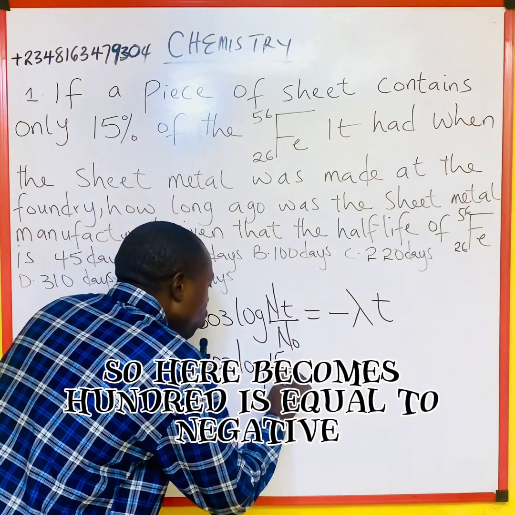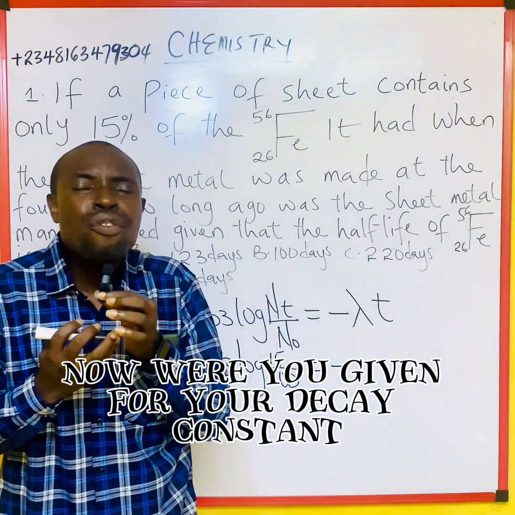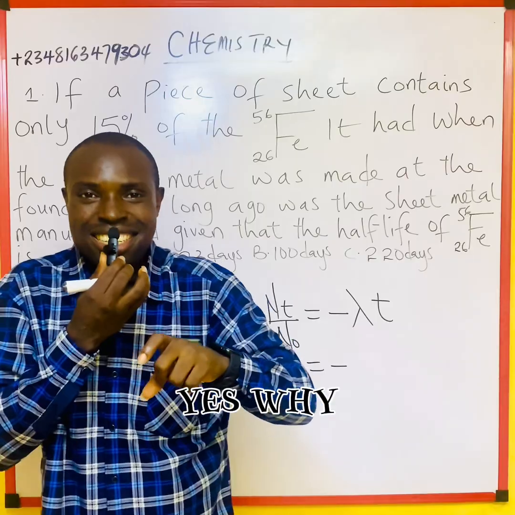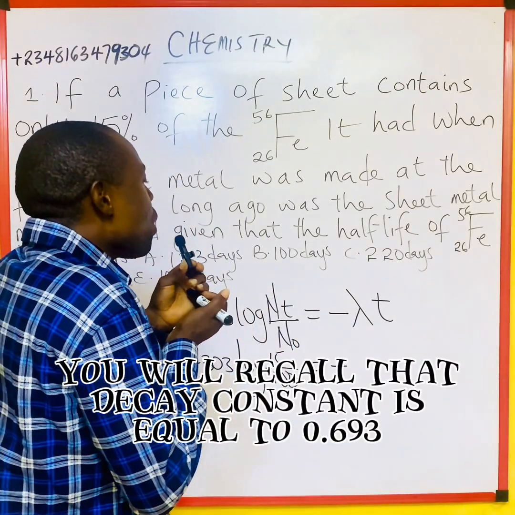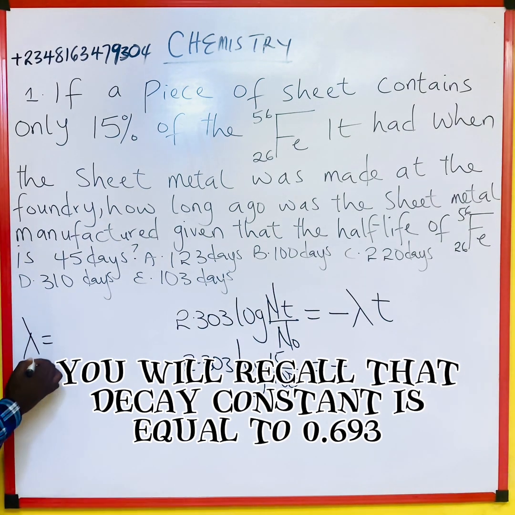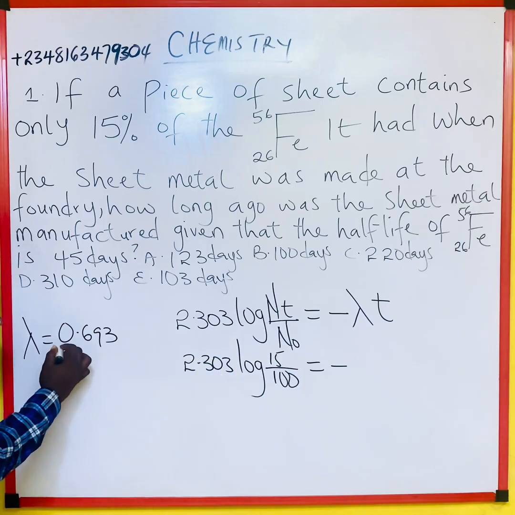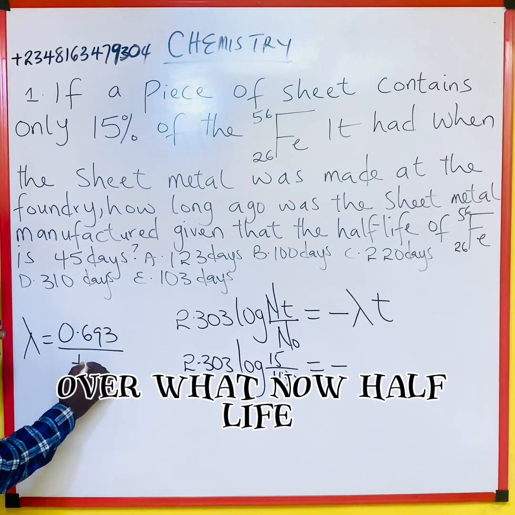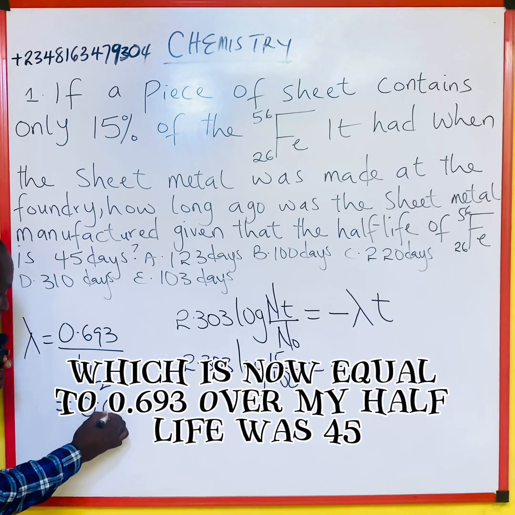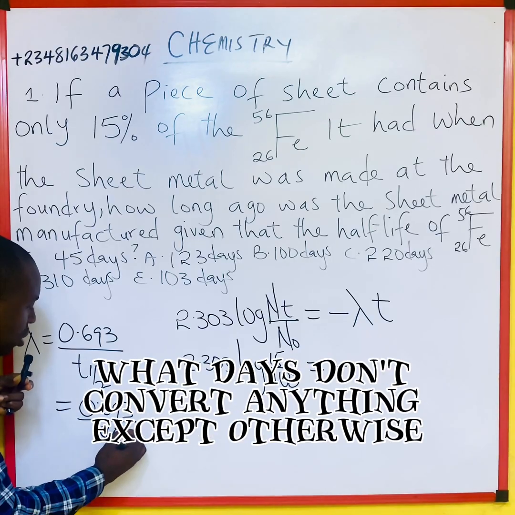So here becomes 100 is equal to negative. Now, were you given the decay constant in the question? No. But can I solve for it? Yes. Why? You will recall that decay constant is equal to 0.693 over half-life, which is now equal to 0.693 over my half-life, which was 45 days.